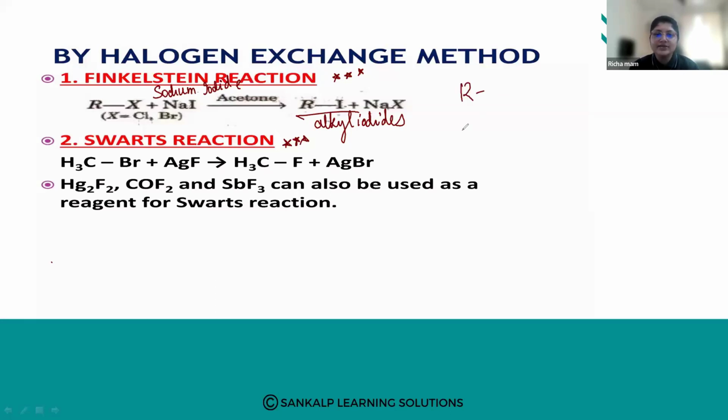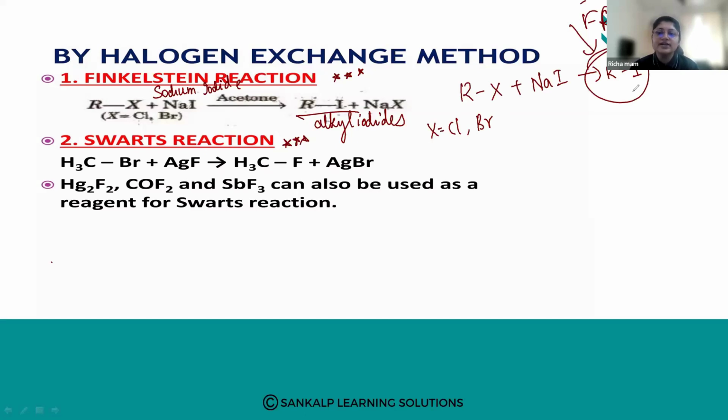So RX plus NaI. X can be Cl or Br as the starting product. When it reacts with sodium iodide, you will get iodoalkane plus NaX. So iodoalkanes are best prepared from Finkelstein reaction.